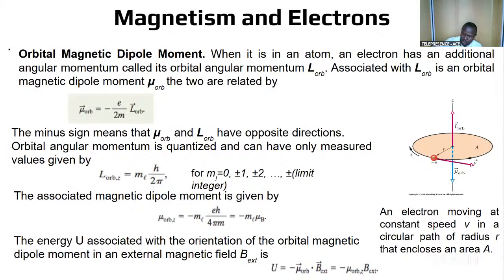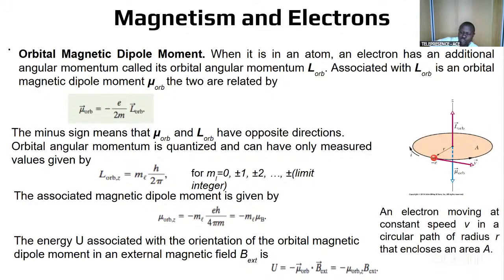Also, we know that an electron revolves around the shell of an atom. You have the neutron and the proton at the center, and you have the electron revolving around the shell.